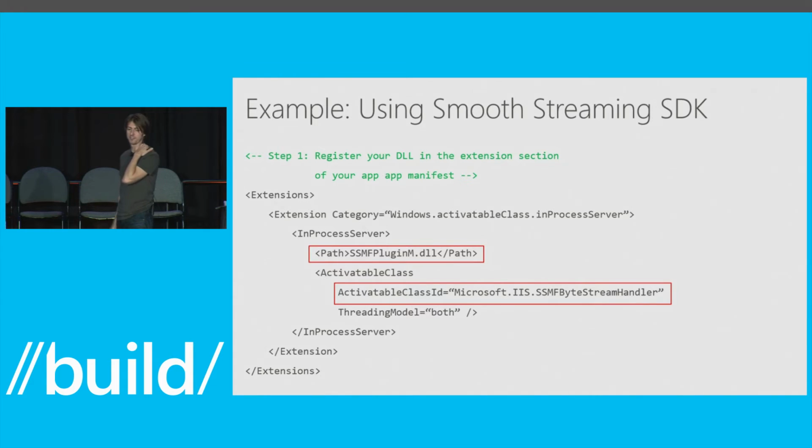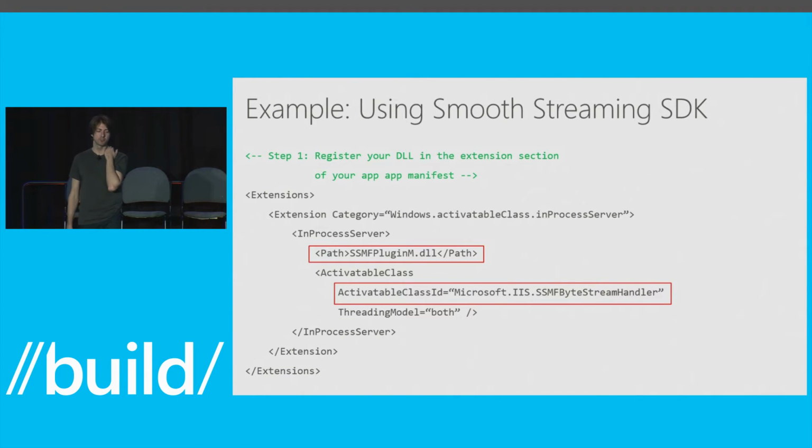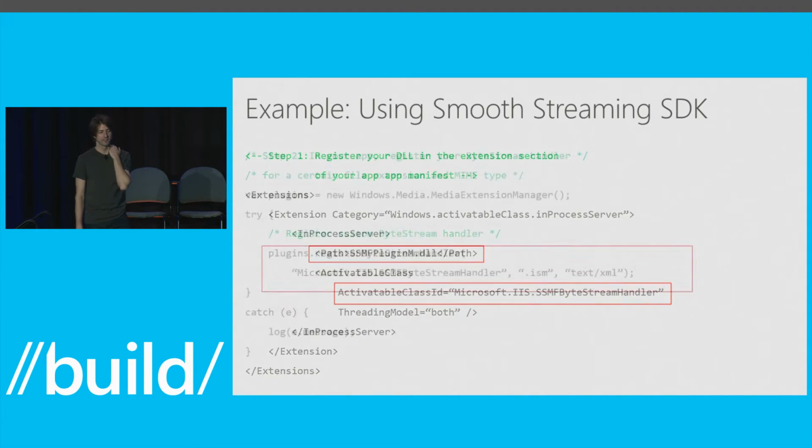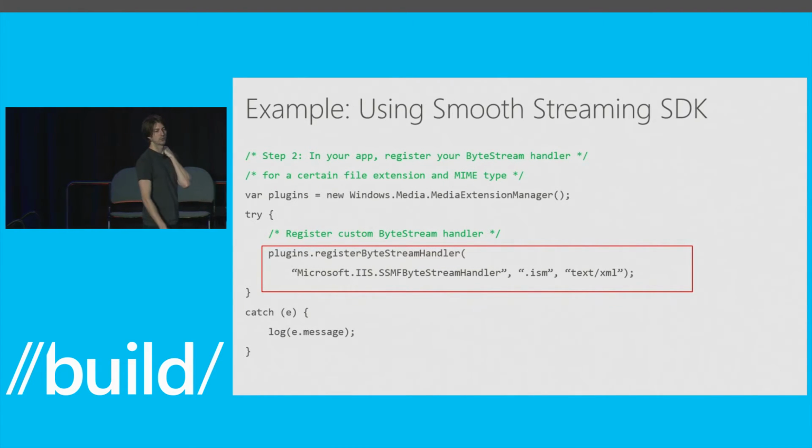You essentially define an in-process server, and you specify the path to your DLL, which implements your custom IMF byte stream, and you specify the class as your entry point, essentially, inside of that DLL. To register it, you create a new plugin using the Media Extension Manager.